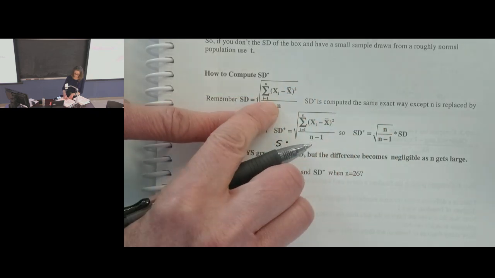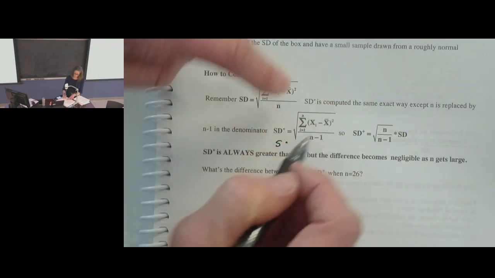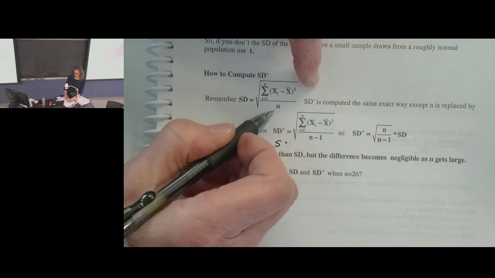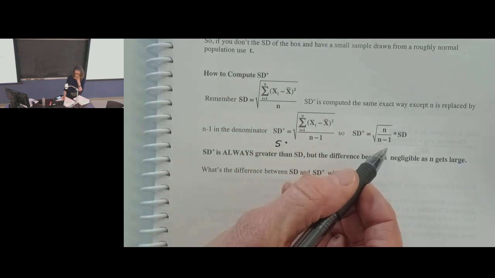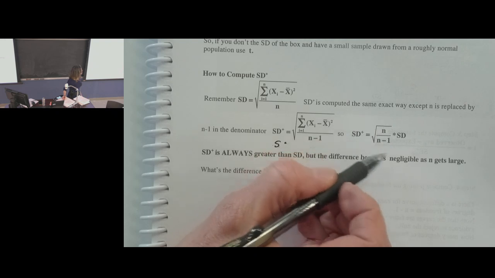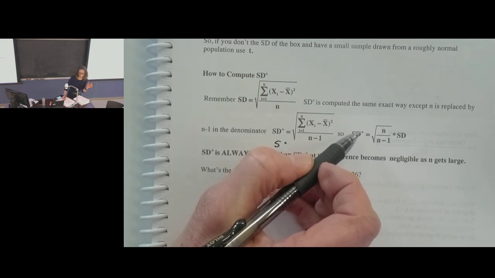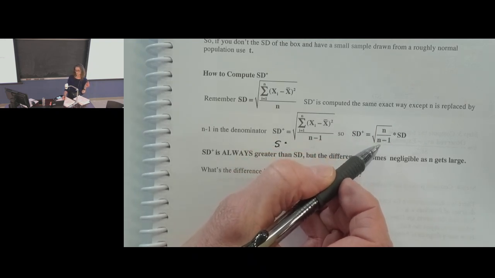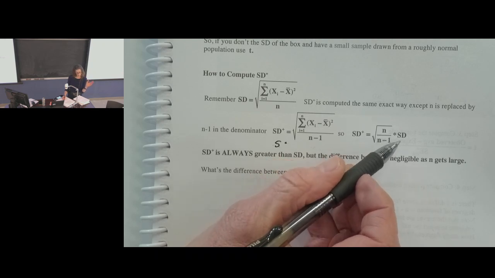That would get rid of this, and then divide by the square root of n minus 1. The way you can remember it is SD plus is a little bit bigger, and n over n minus 1 is a little bigger than 1. So you're going to make it a little bit bigger.